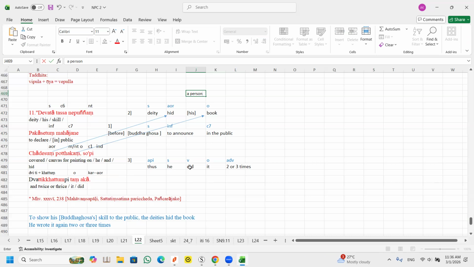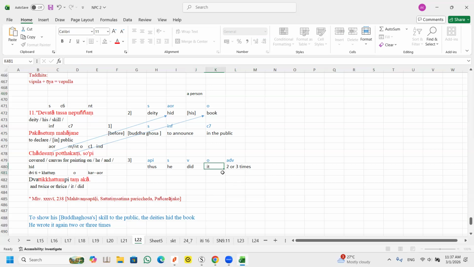So he did it. This is the object. He did it. And when it comes to time, you have to put 2 or 3 times. Can you see the dua is 3? Dua is 2. This is a duanda. Dua is 2, and then ti is 3. It means 2 or 3 times.